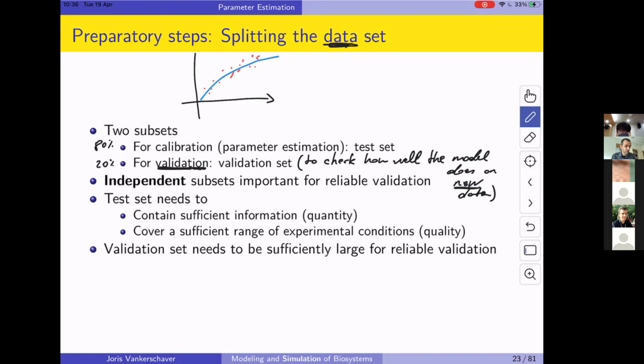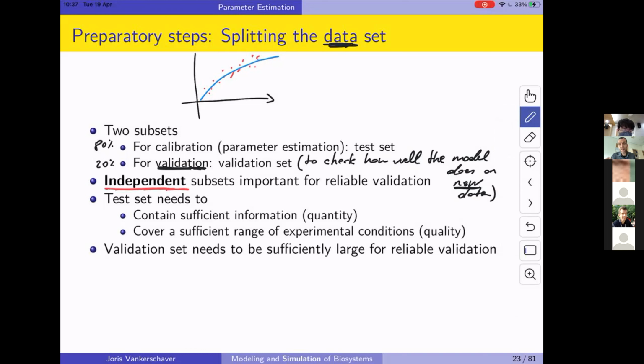It's also very, very important that these sets are independent of one another. Why is that? Well, if I have data points in my validation set that also occur in my calibration data set, then again, I'm going to artificially inflate the performance of my model.